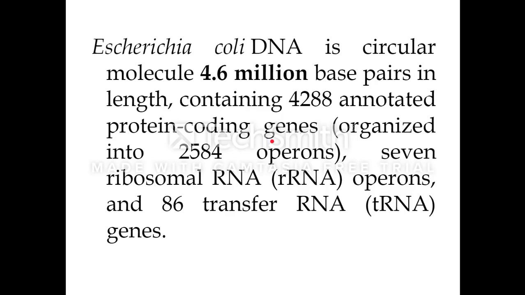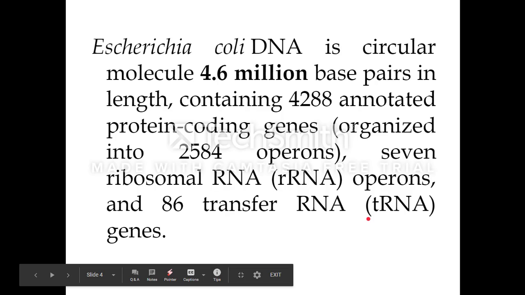Means in 4.6 million base pairs, 4,288 annotated protein coding genes are present, and they are organized into 2,584 operons. 7 ribosomal rRNA operons and 86 transfer RNA genes are present.